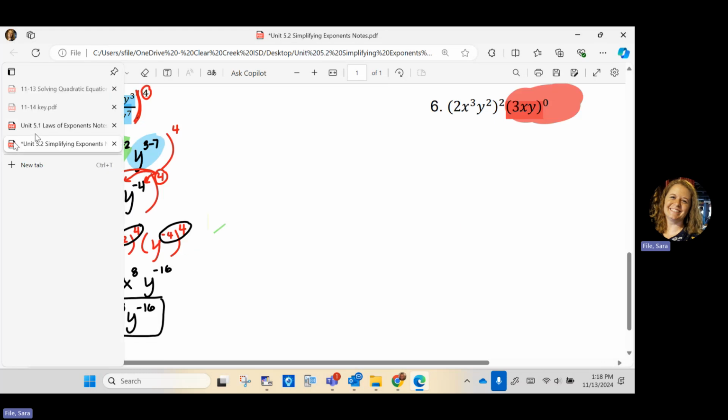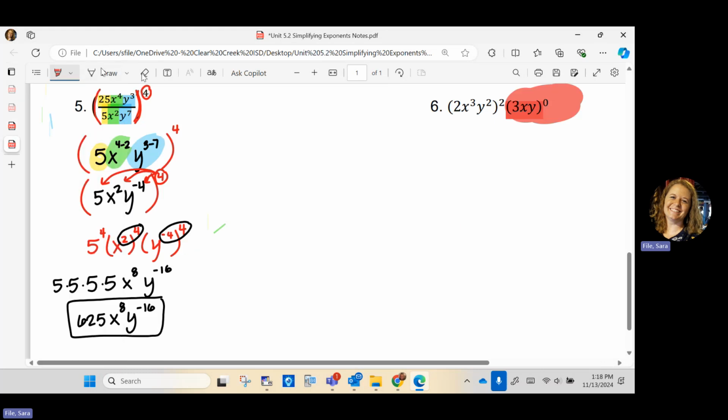So I can just replace that whole outside term with a 1. Okay, so I replaced all that with just a 1.